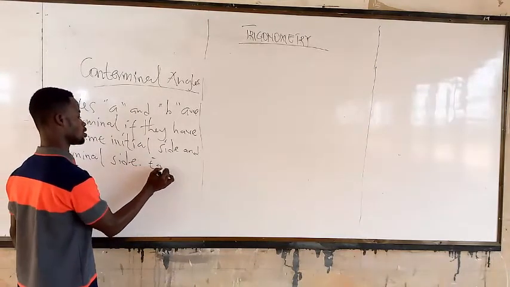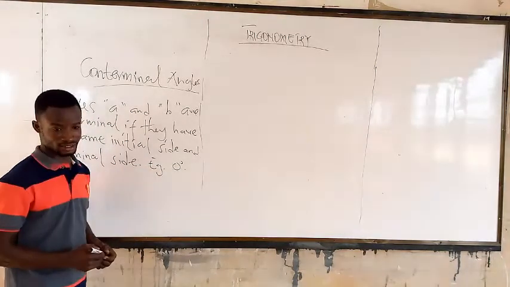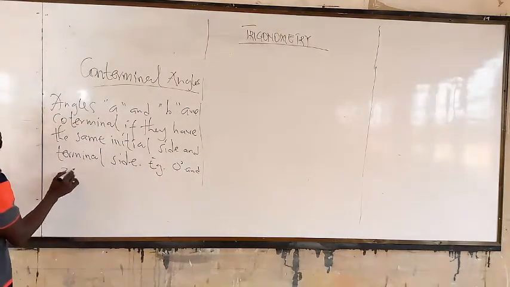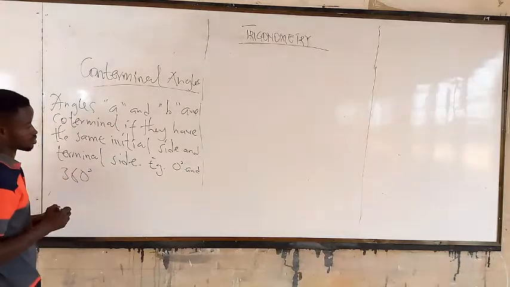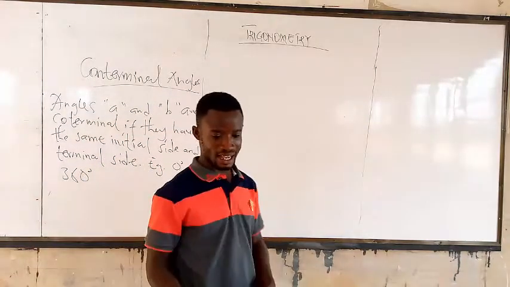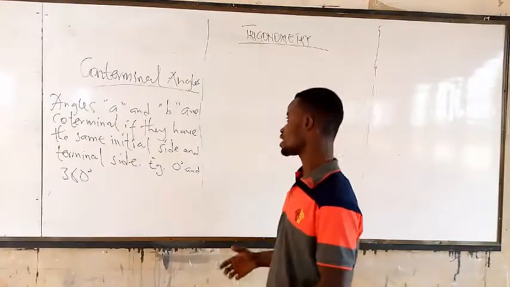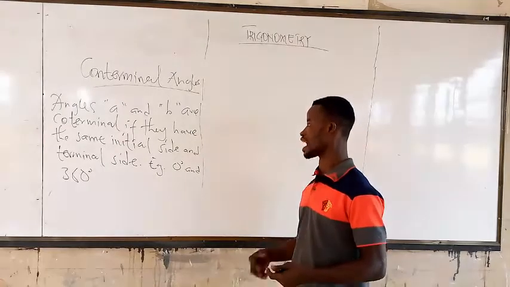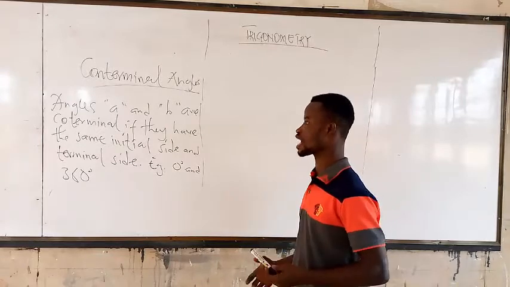Example, 0 degrees and 360 degrees. We are saying that two angles, let's say A and B, are coterminal if they have the same initial side and a terminal side.